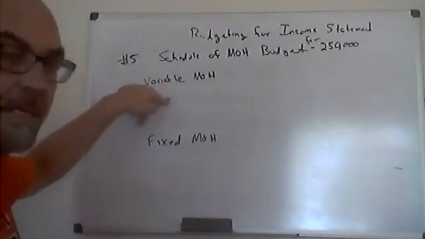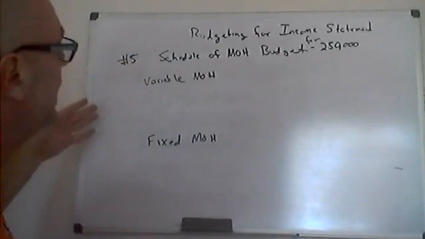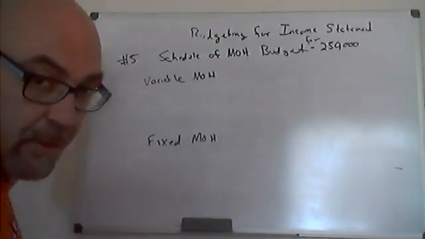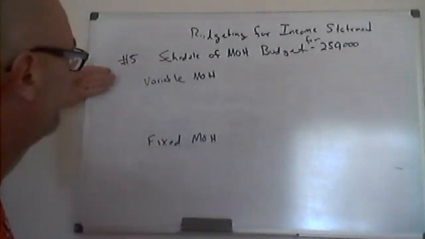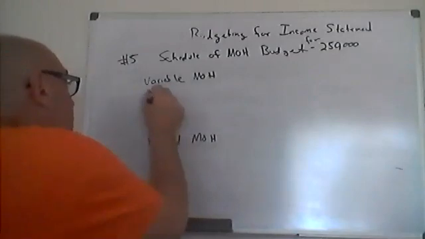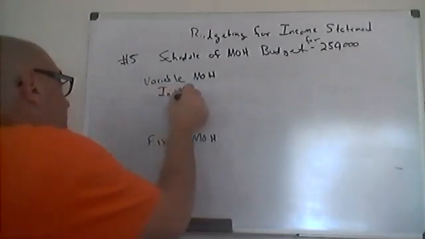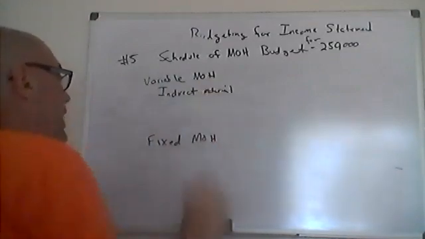The good thing about this one is everything is going to kind of be listed out. For the variable manufacturing overhead, you may have to calculate it based on the previous month: the total cost was this, total units produced were this, so I can find my variable manufacturing overhead per unit. But in our slides, we had stuff that creates variable manufacturing overhead.